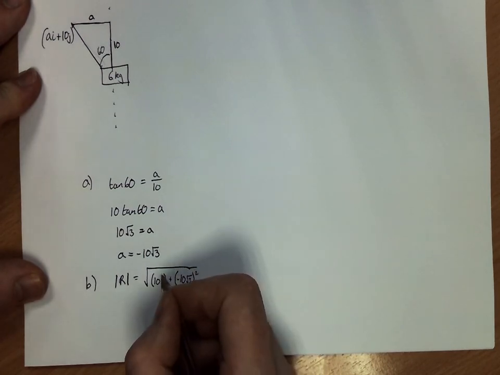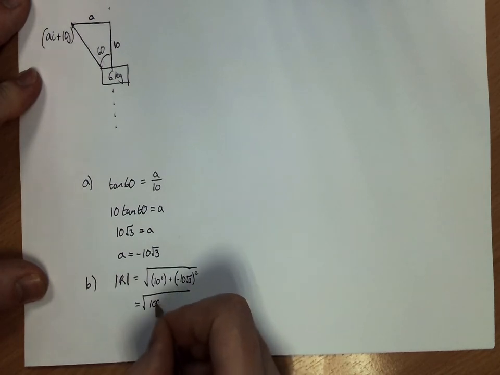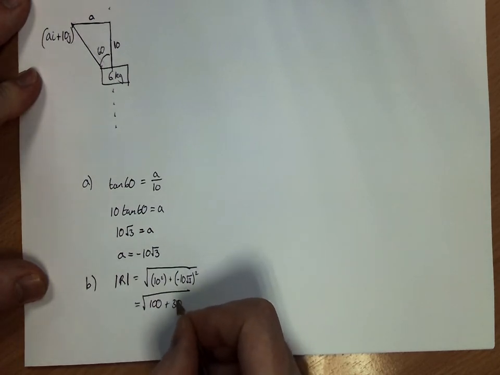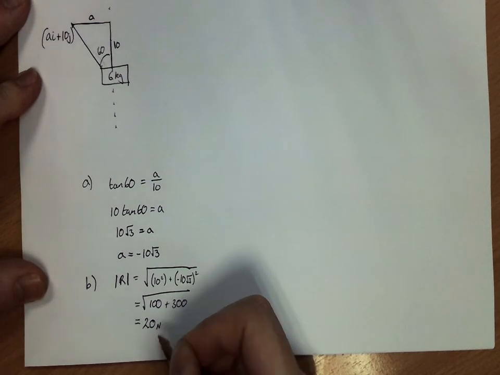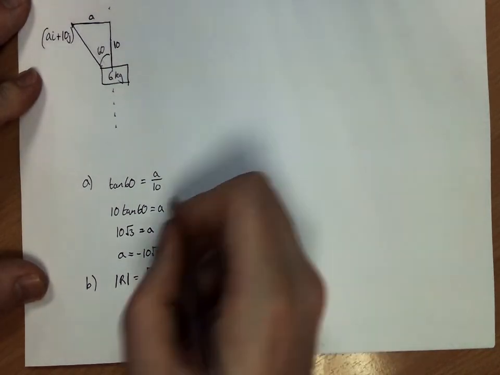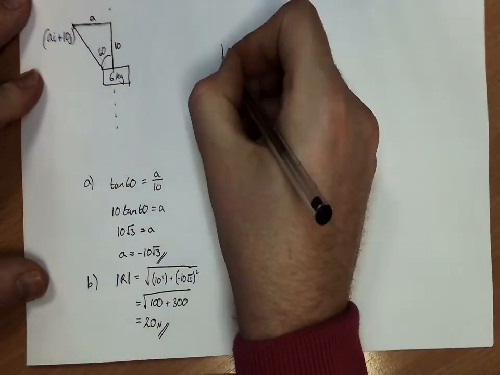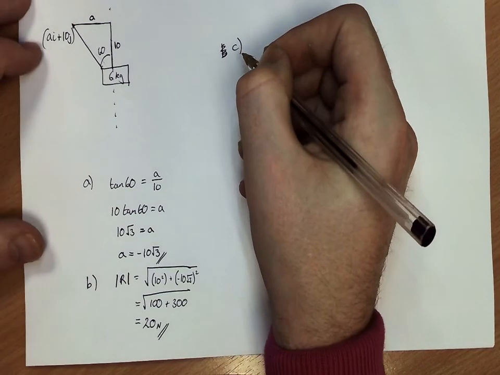I probably should have put that squared sign outside, but it's not going to matter. 100 plus 300, which is the square root of 400, which I know is 20. Forces are measured in newtons, so I'm just going to put an N there as well. I'm also just going to double underline my answers just to make it really easy for an examiner so they know exactly what I want them to mark.